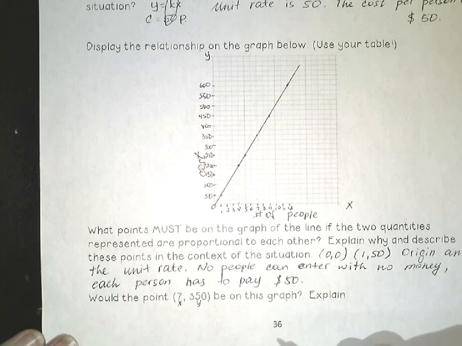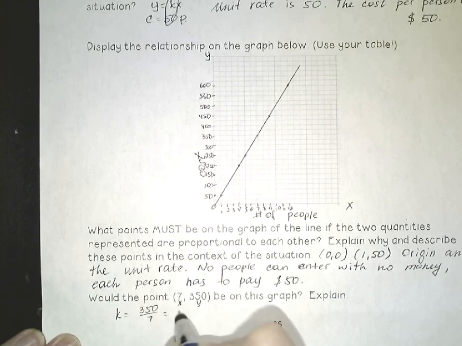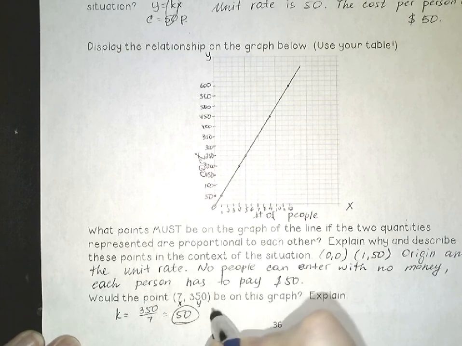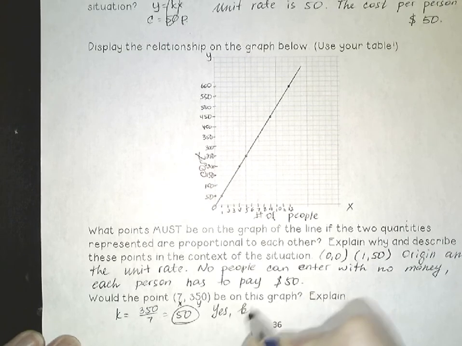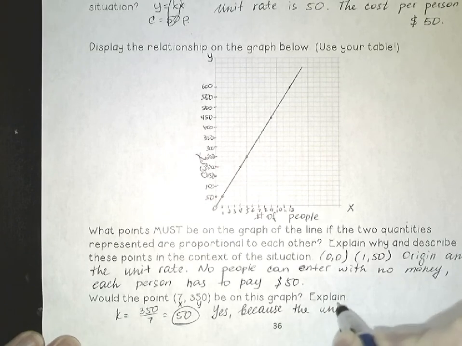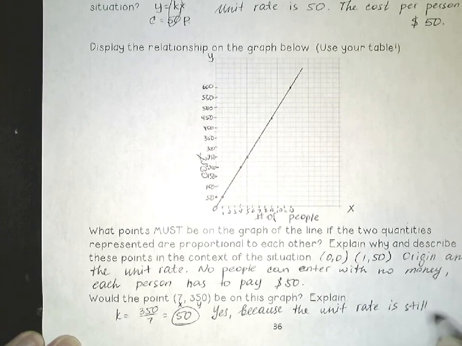To find the constant of proportionality, I would divide 350 by 7 and I will get 50. See, I found my unit rate all over again. That means I have the same unit rate, so 350 is on the graph. Yes, because the unit rate is still 50.